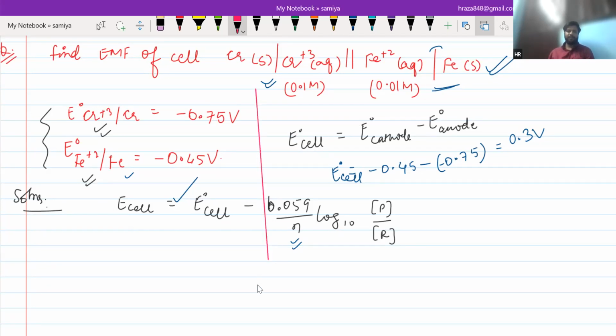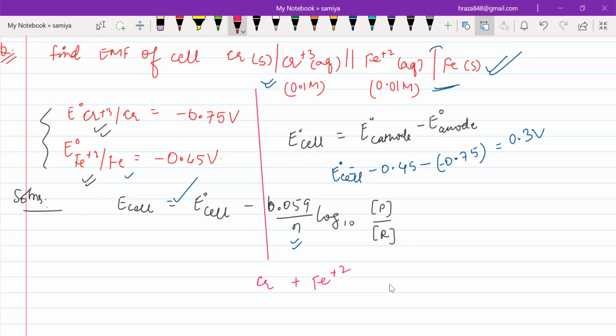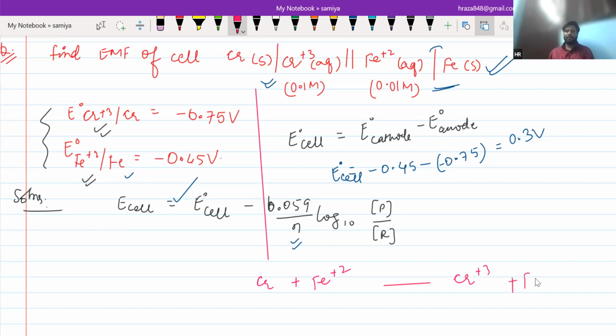We can easily write this Cr plus Fe plus 2, it will give Cr plus 3 plus Fe. I told you to write the equation.